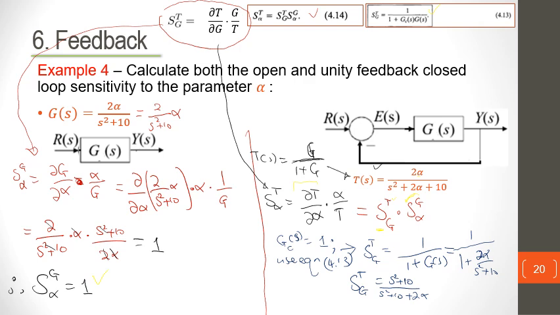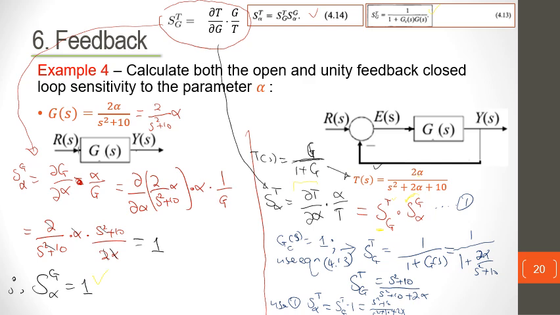Now we can go back to this equation, which I will call equation 1. We use it to say the sensitivity of T with respect to alpha is simply equal to S_T^G times 1, and S_T^G we already know, it's S squared plus 10 over S squared plus 10 plus 2 alpha.